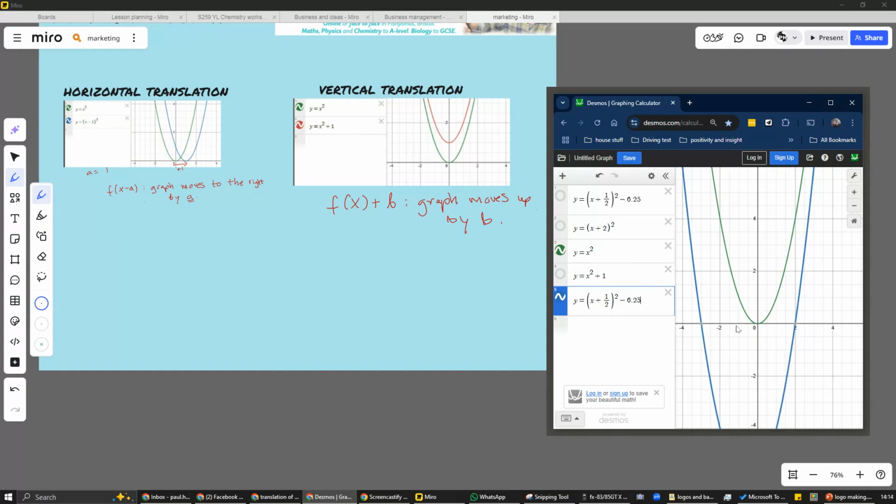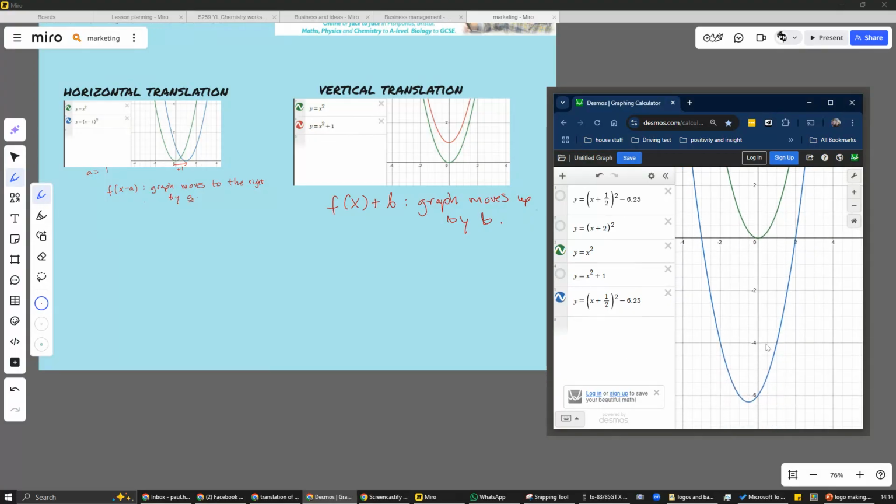So it goes down from 0 to negative 6.25, and it went across to the left by a half. That is why completing the square gives you the turning point, because it was originally at 0, 0, but it's moved to the left by a half, and it's moved down by 6.25.